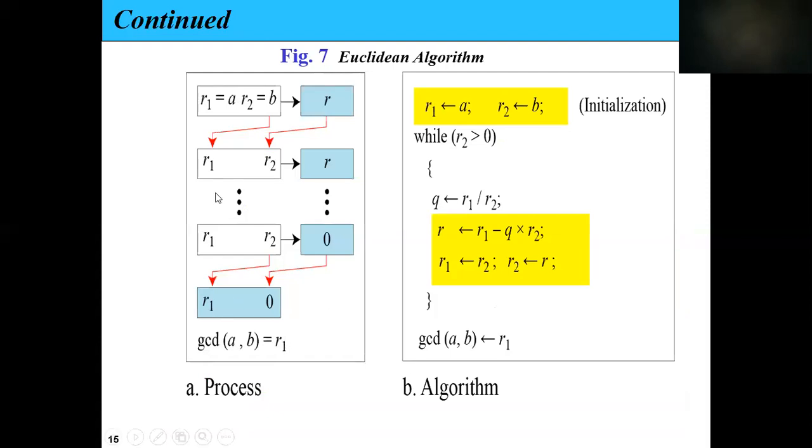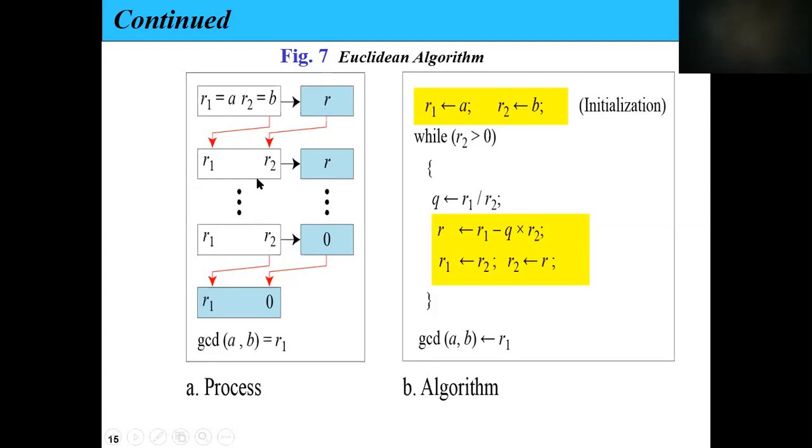In that case, you divide A by B and first you get a remainder r. Then you have two elements, r and r2.